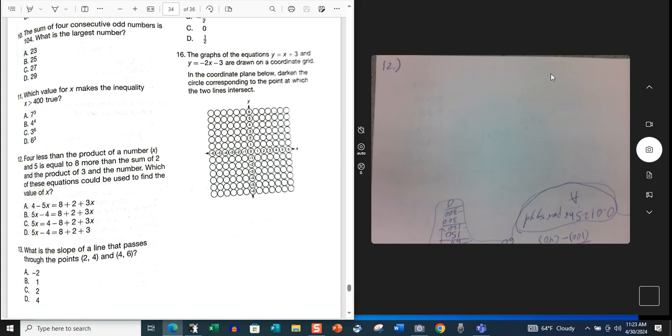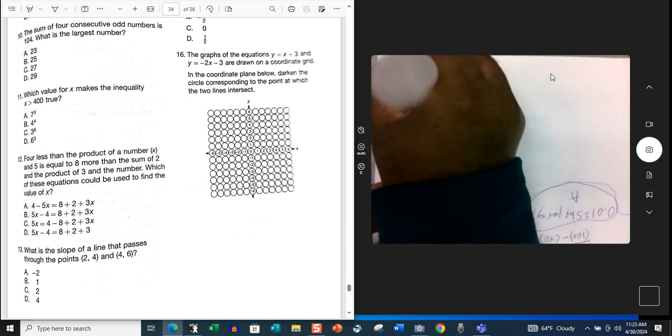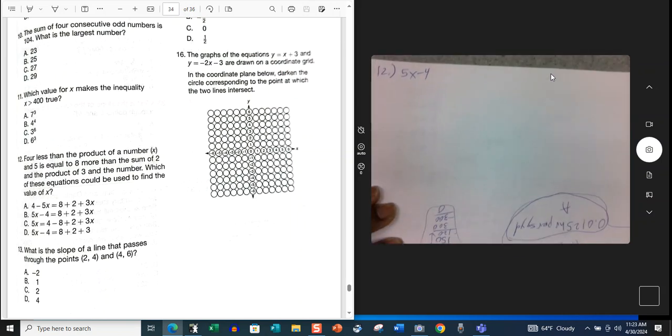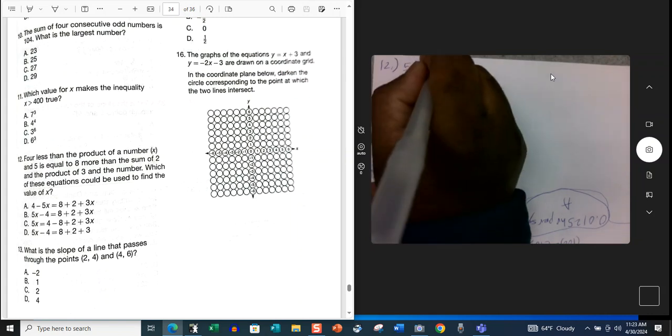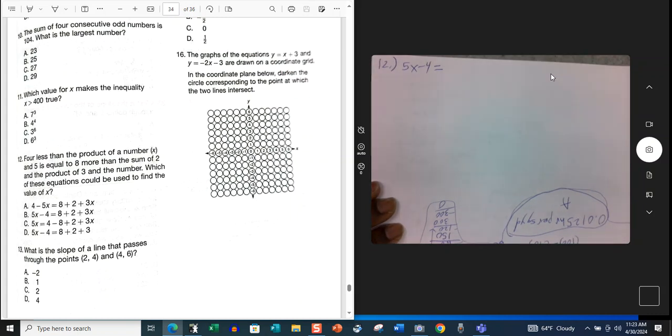So it tells us it's 4 less than the product of a number x and 5. So it'd be 5x minus 4. That's 4 less than the product of a number and 5. Now it says it's equal to, so we'll put equal to 8 more than the sum of 2 and the product of 3 and the number.